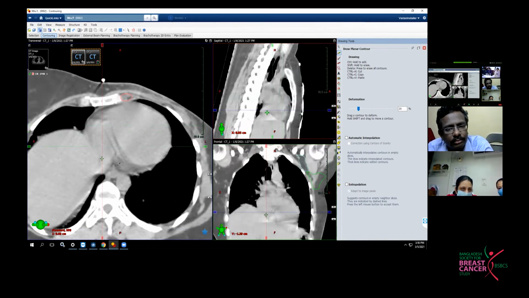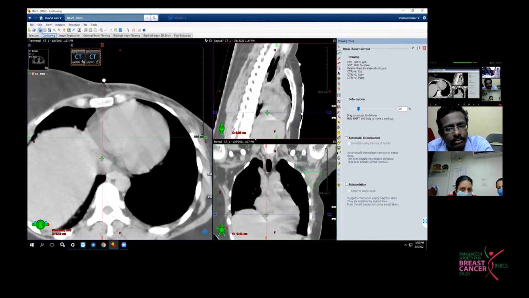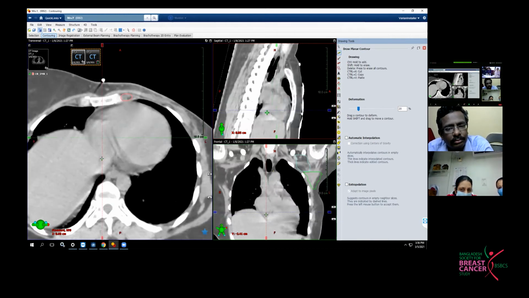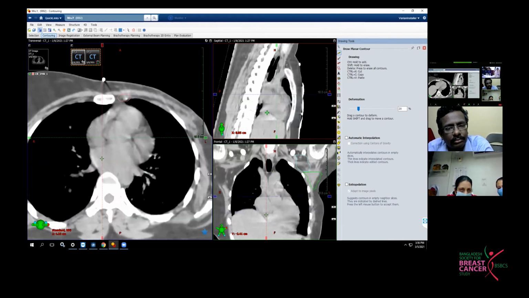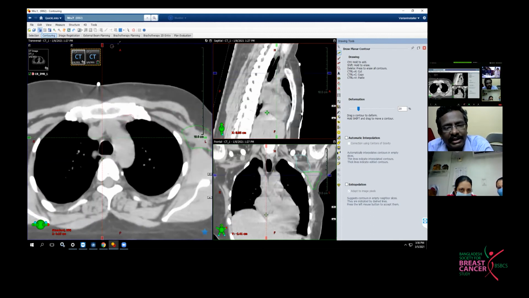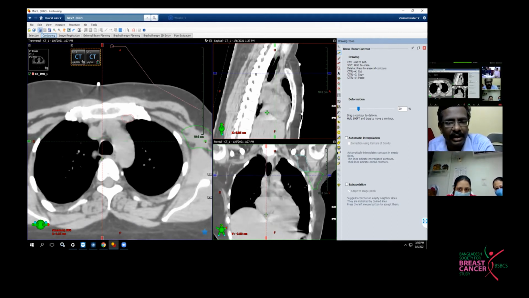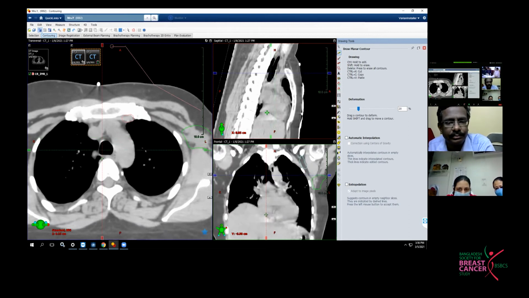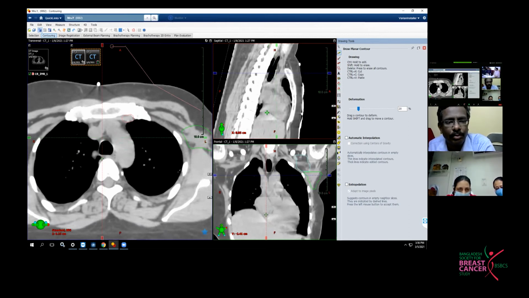Yes, so you can scroll your coronal view. Go more anteriorly.